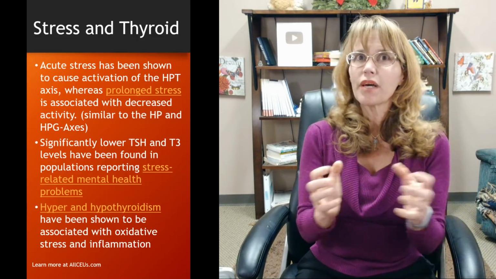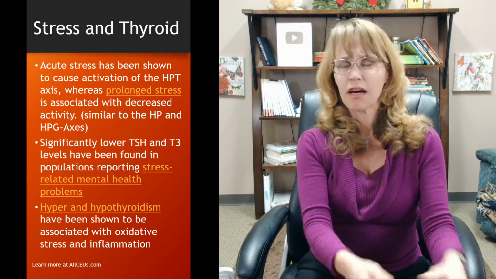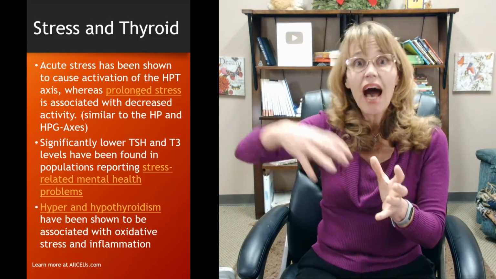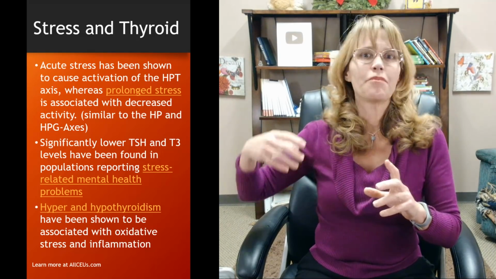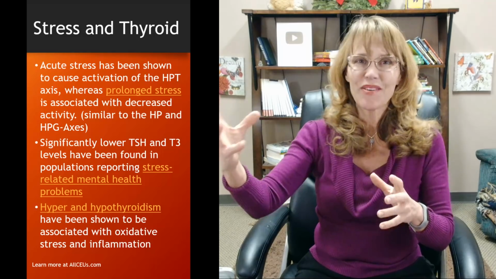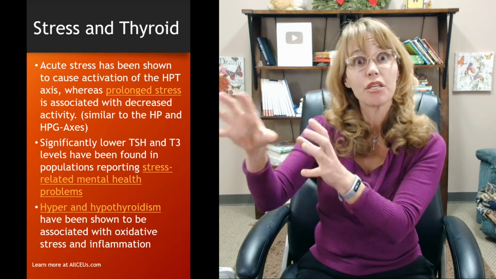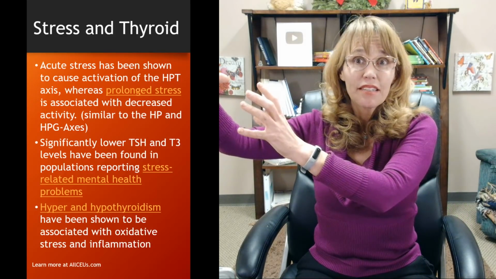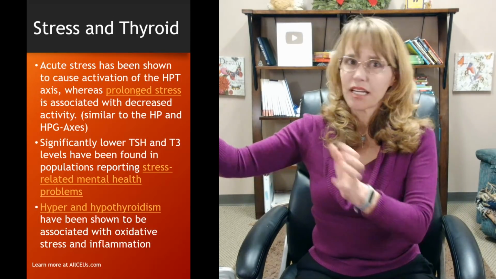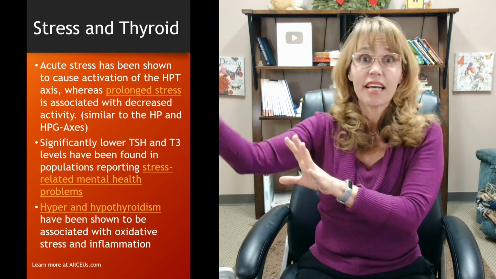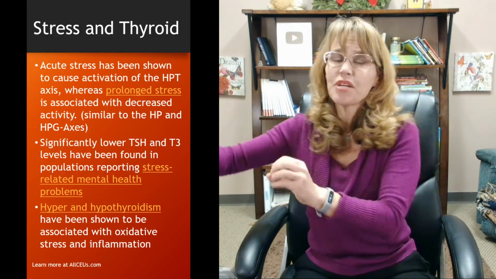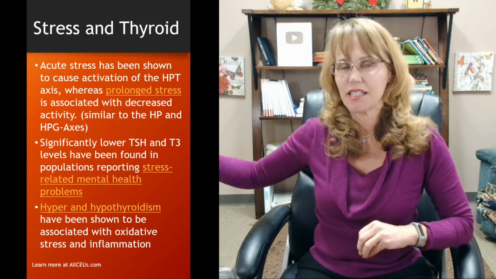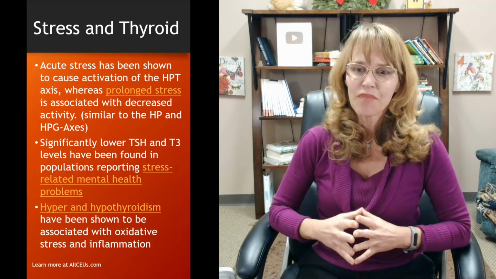So in people who've experienced trauma or who are under a lot of stress, initially, we often see higher levels of thyroid hormones and cortisol and all those other things because the body is responding to this acute stressor. But after a point, when the body decides, hey, not going to continue throwing good energy after bad, got to turn down the sensitivity, then we start seeing hypothyroidism, hypocortisolism, hypo fill in the blank.